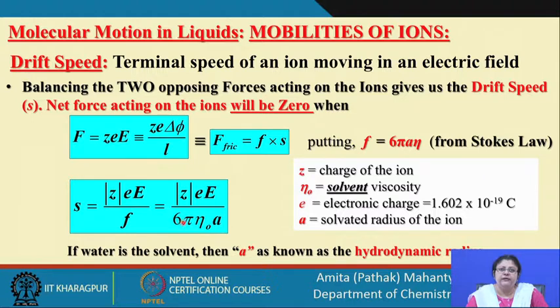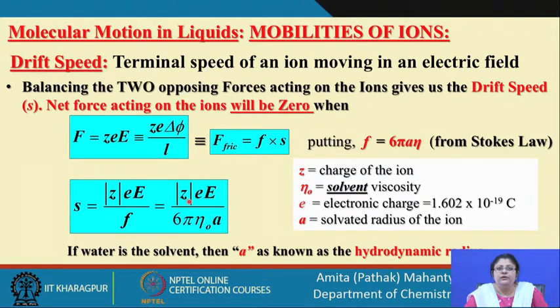The frictional factor, from the expression we have got from Stokes' law, is 6 pi eta a, where eta is the viscosity coefficient of the solvent medium we are looking into, and a is the radius of the ion. So, the expression for the speed with which the molecules or ions in solution are moving is ZeE by F, which, substituting the value of the frictional factor, becomes ZeE divided by 6 pi eta a.